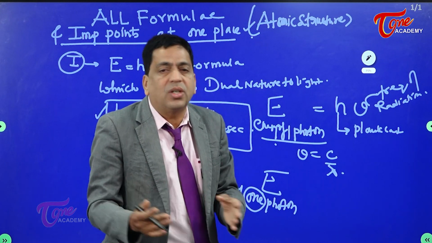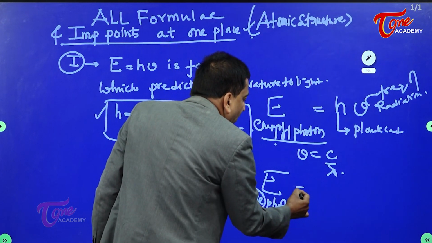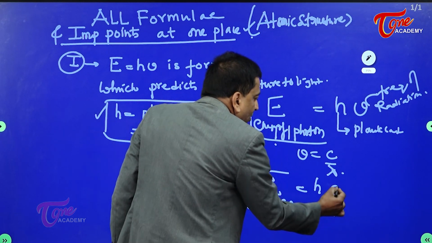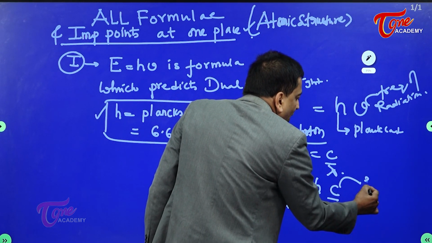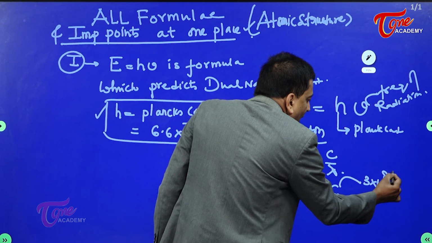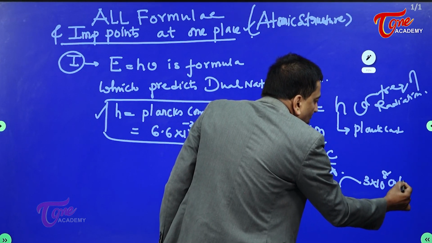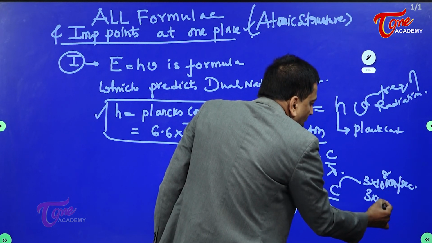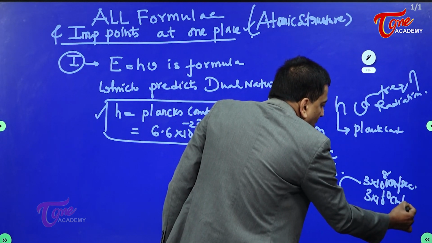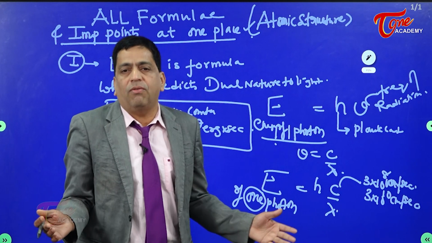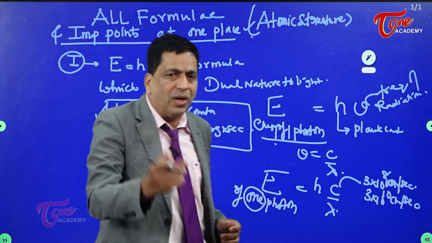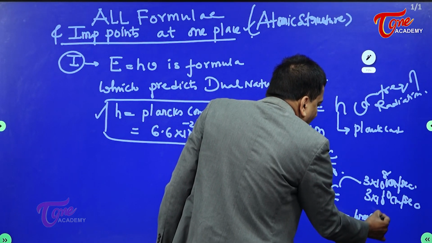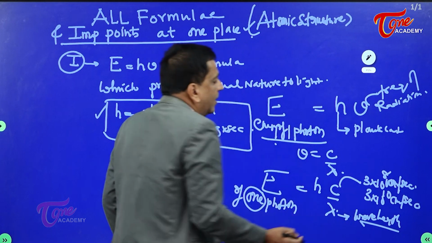If wavelength is given, use this one. Substituting, it is hc by lambda, where c is 3 into 10 power 8 meters per second, or 3 into 10 power 10 centimeters per second. That's the velocity of light, a value you know very well, and lambda is the wavelength of the incident radiation.